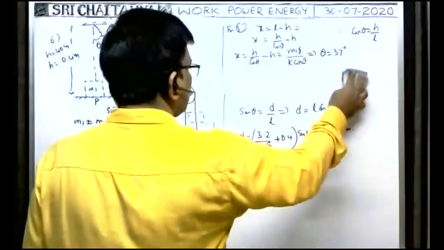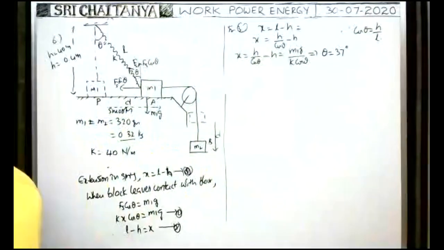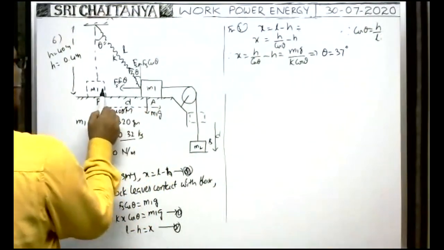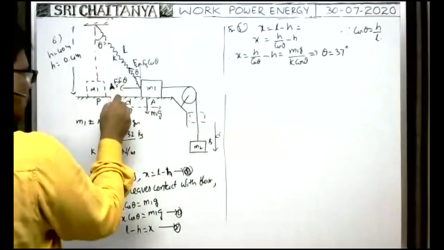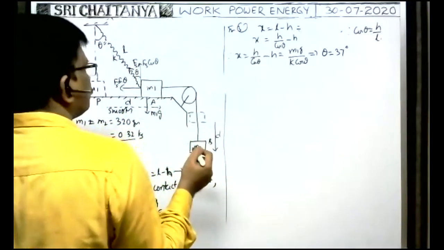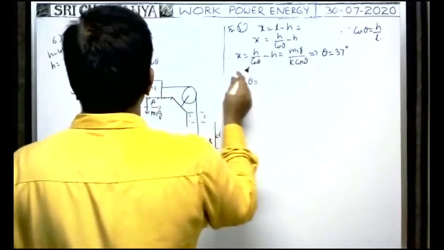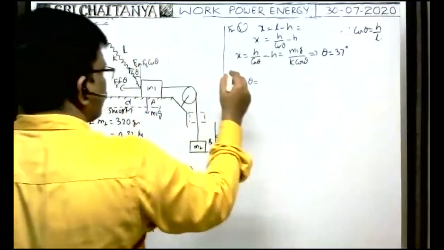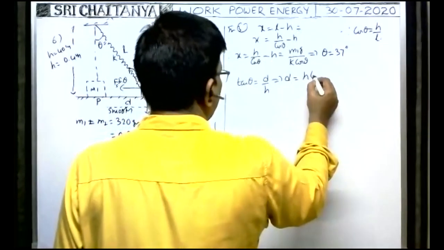Next. So what about the d value? Before the block leaves the contact with the floor, at that time the displacement of the block is d. How can we get the d value? That is opposite to theta. You take tan theta. Tan theta is equal to opposite by adjacent, that means d by h. Implies d is equal to h tan theta.